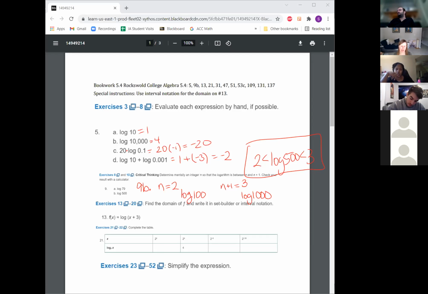We would just be able to say it's between 2 and 3 using the mental math that Joshua did. So he said if it equals 2, it was log 100. So that's less than log 500. And if it's a 3, then it's more than log 500. So that means log 500 must be like 2 point something. It must be between 2 and 3.